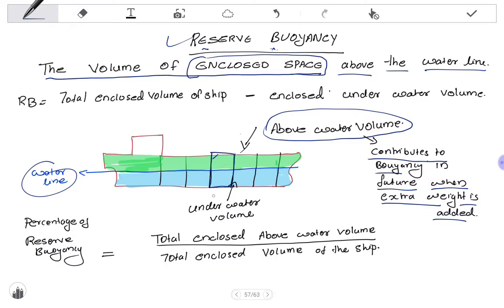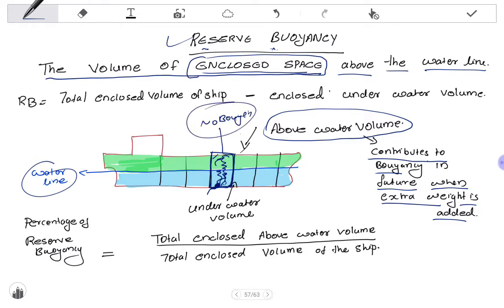Due to some accident, this compartment gets bilged, and water is going inside this compartment without any restriction. So this much part of the compartment became open, so that doesn't count as enclosed space. Since it is bilged and water is going in and out without any restriction, this doesn't contribute to the buoyancy.